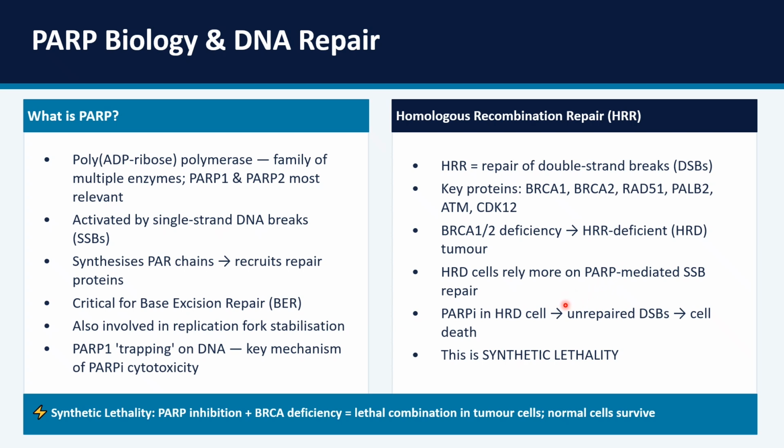In BRCA deficient HRD cells, they rely more on the single stranded break repair mechanism through PARP. So with a PARP inhibitor in an HRD cell, double stranded breaks pile up, and as this cell is BRCA deficient, this will result in cell death, and this is called synthetic lethality.